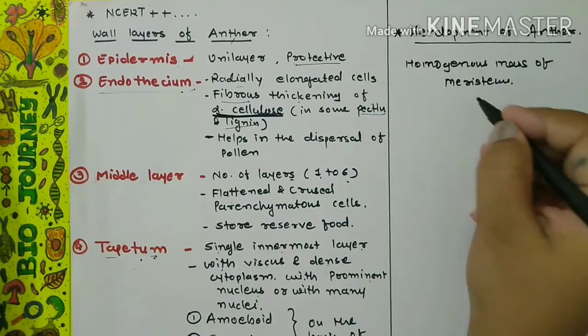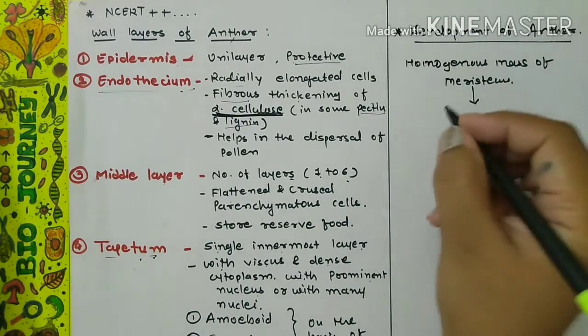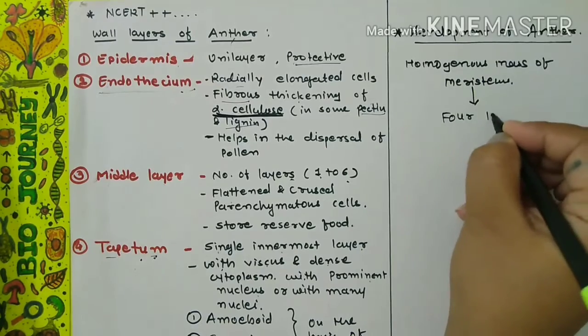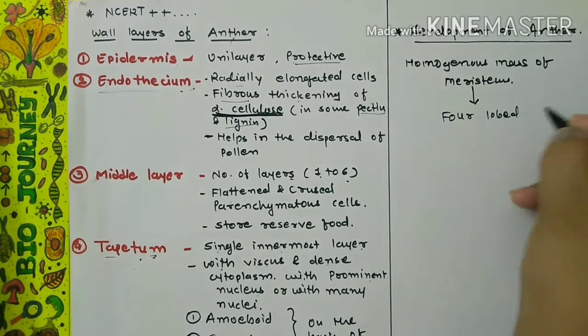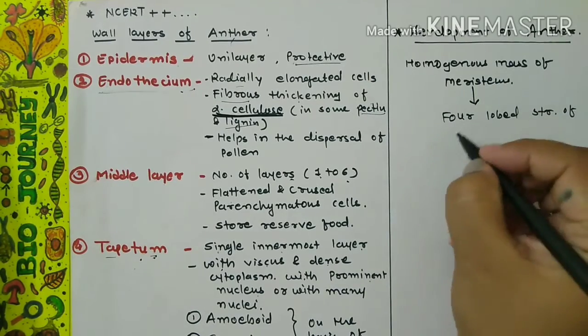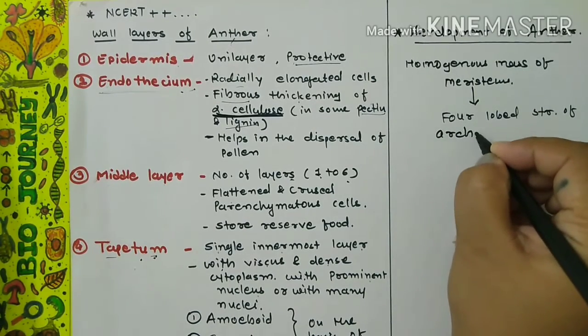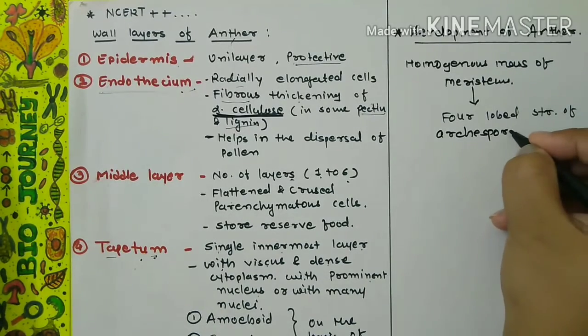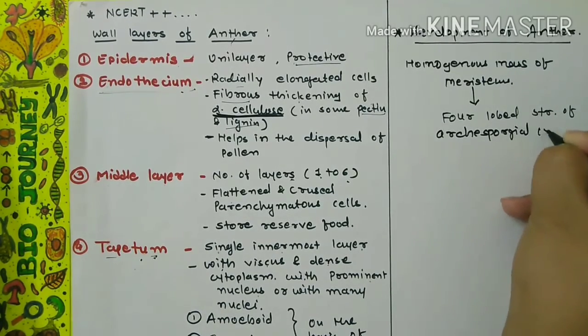Then it turns into a 4-lobed structure of archisporangial cells.